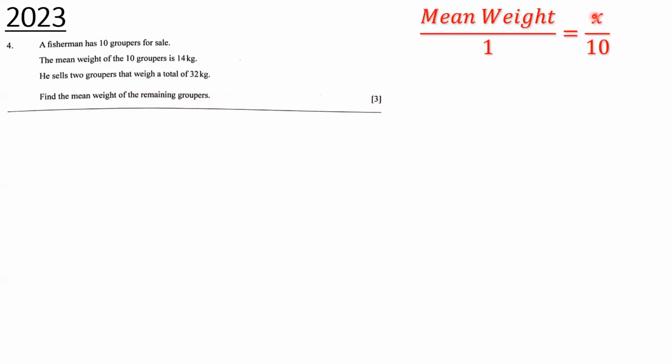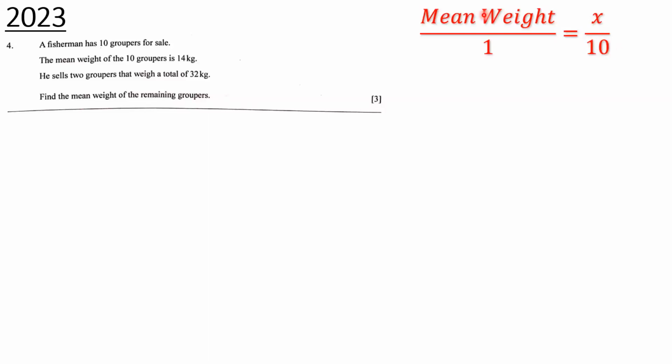We currently don't know the sum of all their weights, but that's what we're trying to figure out. What we do know is that the mean weight, they told us in the question, is 14 kilograms. This is very important. They didn't tell us the sum of all of their weights, but they did tell us the mean weight, and they did tell us the amount of groupers.